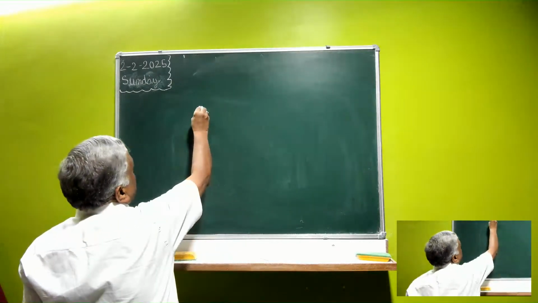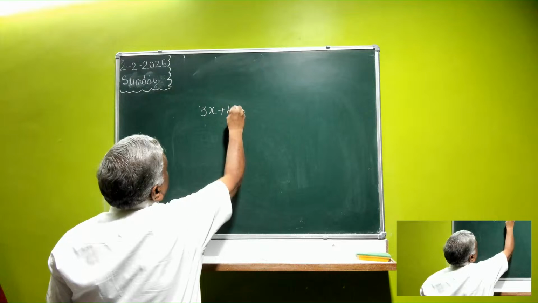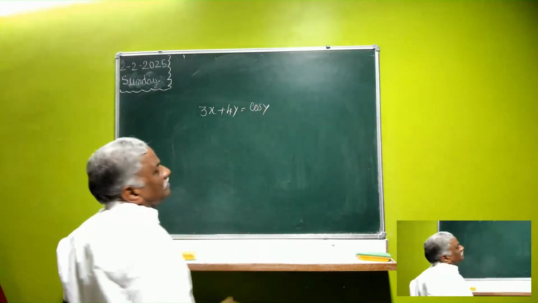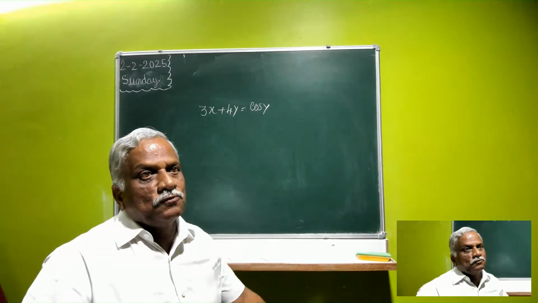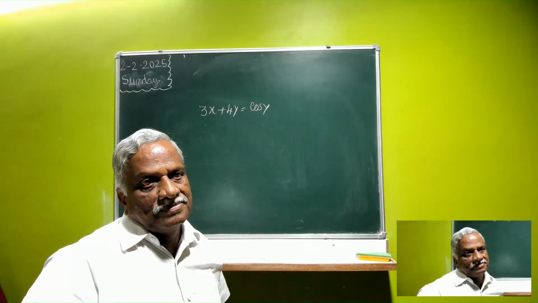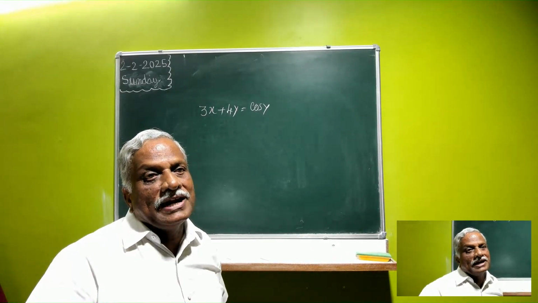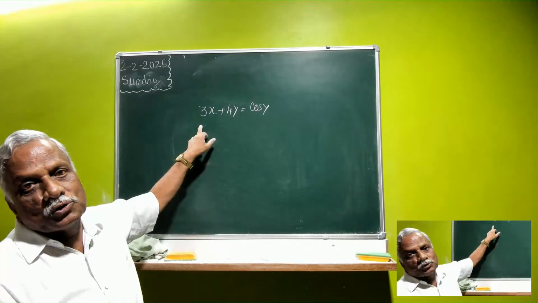Let me start with the first problem. 3x plus 4y is equal to cos y. The problems that we did earlier start with y is equal to something. Our first step would have been dy by dx. But here you have to go through the problem.